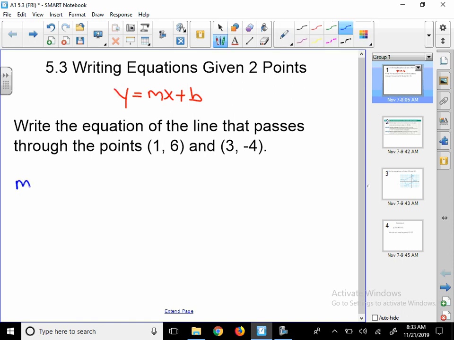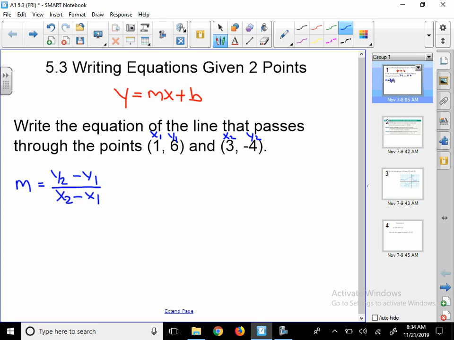Remember, your slope formula, m is equal to y sub 2 minus y sub 1 divided by x sub 2 minus x sub 1. Okay, doesn't matter what you call x sub 1 or x sub 2. I'm going to call (1, 6) x sub 1, y sub 1, and (3, -4) is going to be x sub 2, y sub 2. Okay, you flip those around.